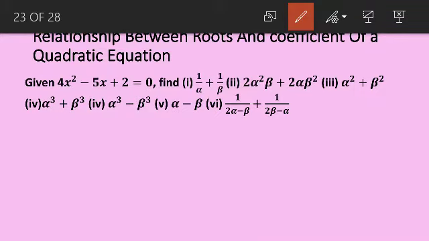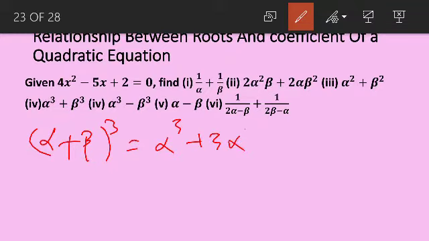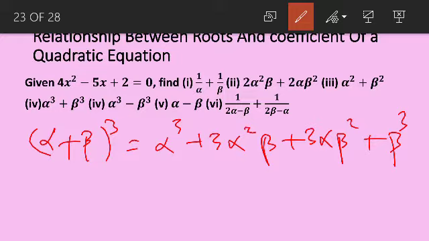Now, the next one is alpha cube plus beta cube. We can get that by expanding this using the binomial expansion, either Pascal's triangle. Alpha plus beta cube is going to give us alpha cube plus 3 alpha squared beta plus 3 alpha beta squared plus beta cube using binomial expansion.